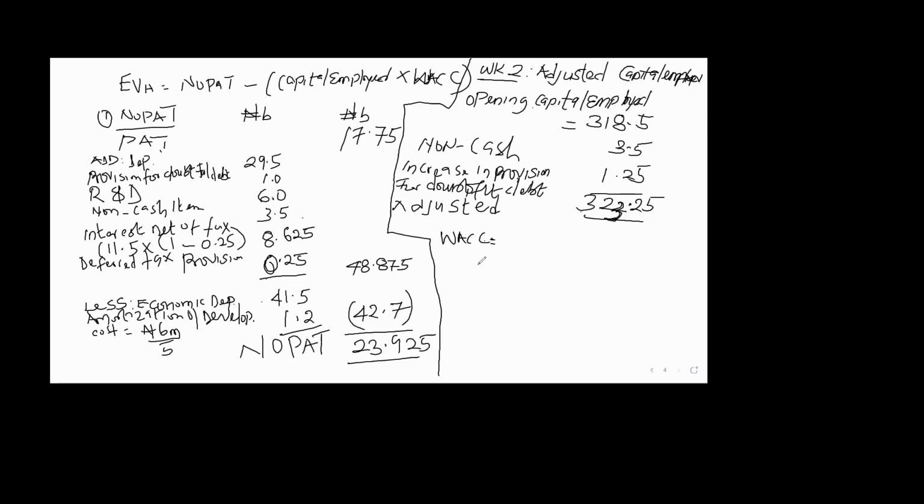Okay, sure. Quickly, your WACC, because of time. Look at the formula. Cost of equity. How many percent? 16%. Look at note number 6. Cost of debt is 5%. Quickly compute the after-tax cost of debt.